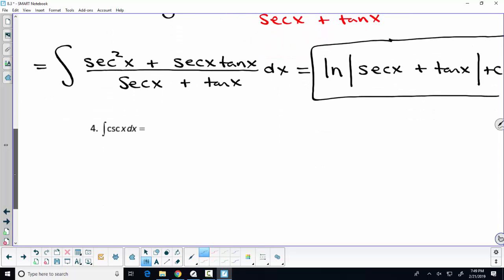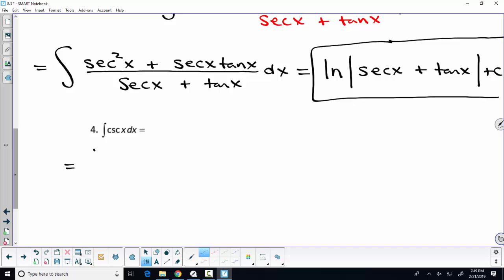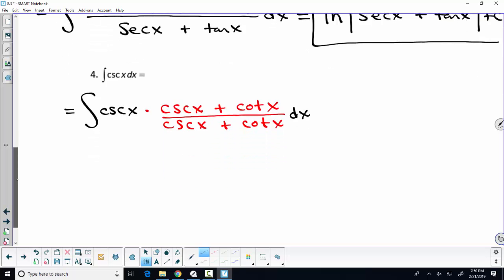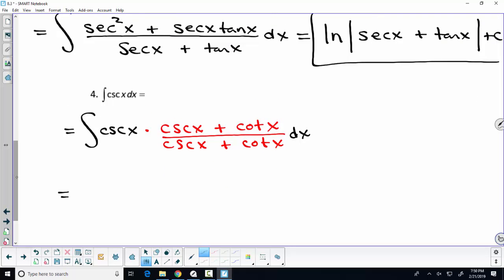And cosecant's similar. We're going to multiply through by cosecant plus cotangent over cosecant plus cotangent. Expand the numerator: cosecant squared plus cosecant cotangent.